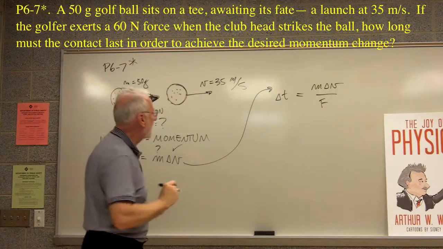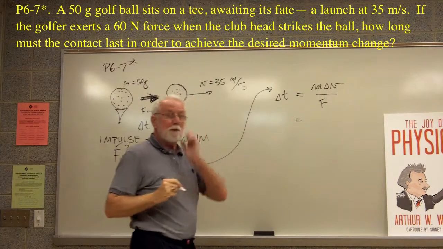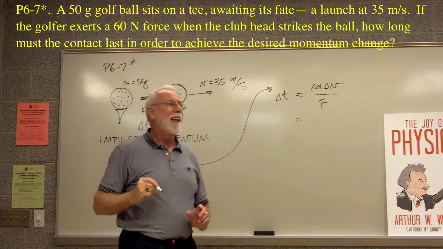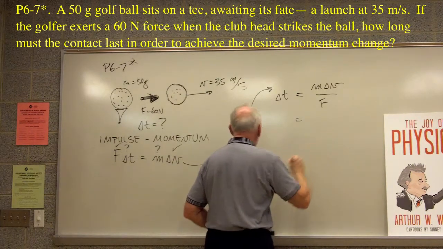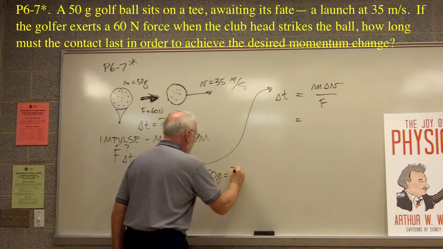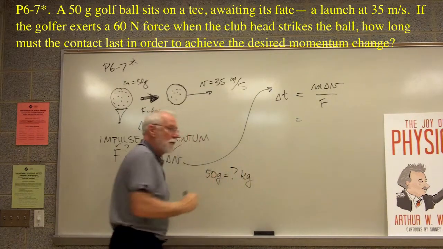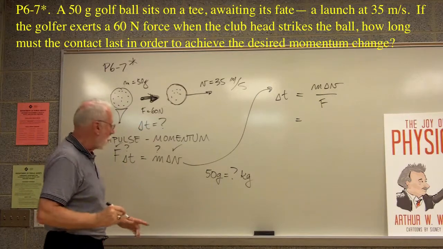Now we'll see how we can make this go. M, what's m? This says it's 50 grams. Got to just write down 50 grams? It's not really in the right units, so what we have to do then is we got to change this on the side someplace and say 50 grams equals how many kilograms? Because we're trying to get this into the MKS system, because that's the easiest way to keep track of everything well.